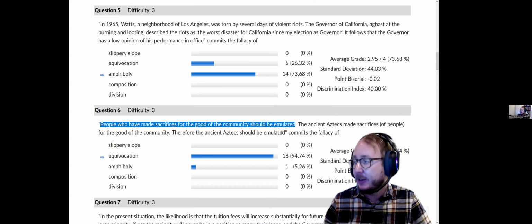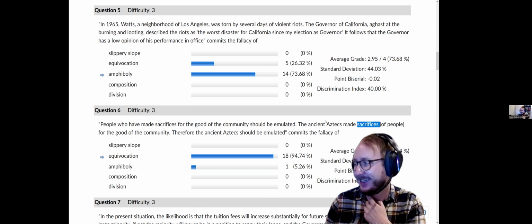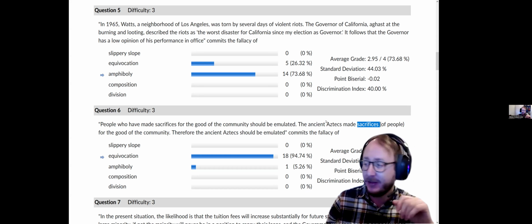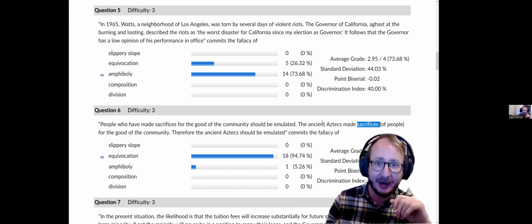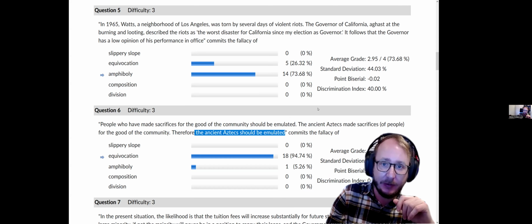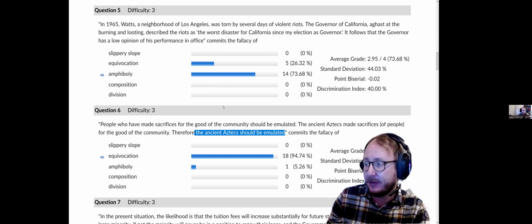Stuff like that. But sacrifices here means cutting people's hearts out and throwing them down the pyramid steps, right? The way that Aztecs sacrificed was sacrificing people. And that's a very different form of sacrifice, right? And the conclusion depends on that shift in meaning, though, because it's saying, hey, we should do what the ancient Aztecs did. And that doesn't necessarily follow, right? Because there's a different meaning of the word sacrifice across these uses.